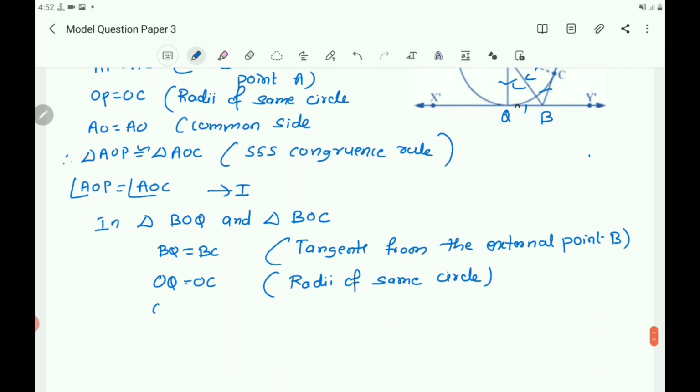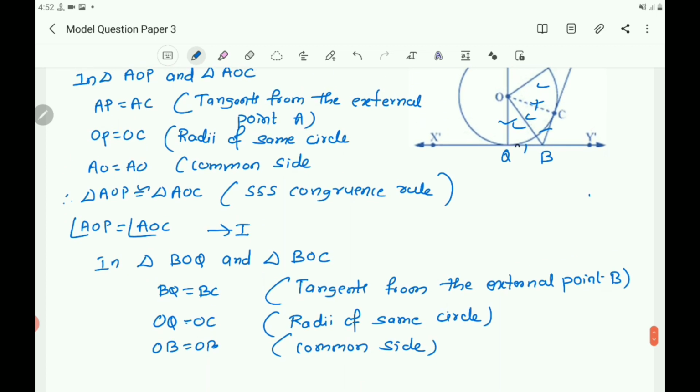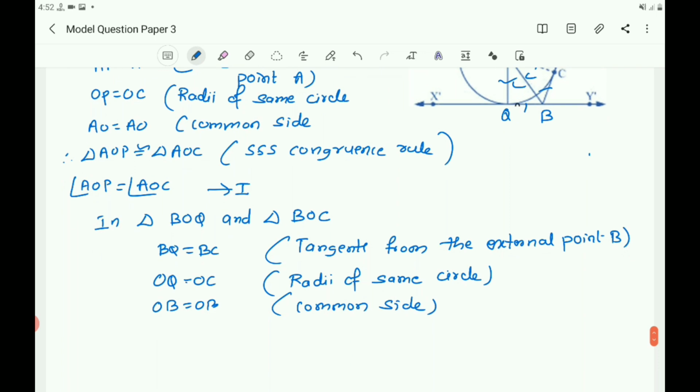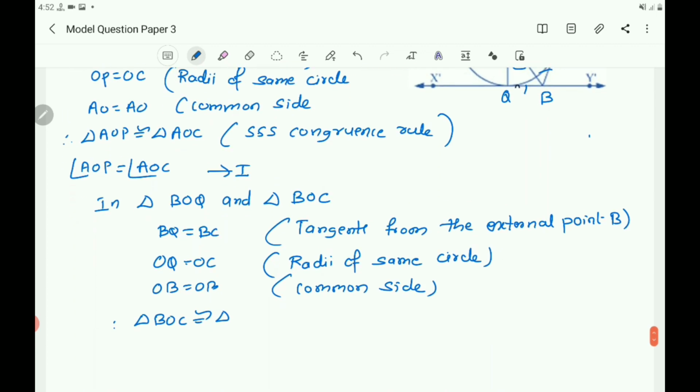And also you write OB equals OB, common side. Therefore triangle BOC is congruent to triangle BOQ according to SSS congruence rule.